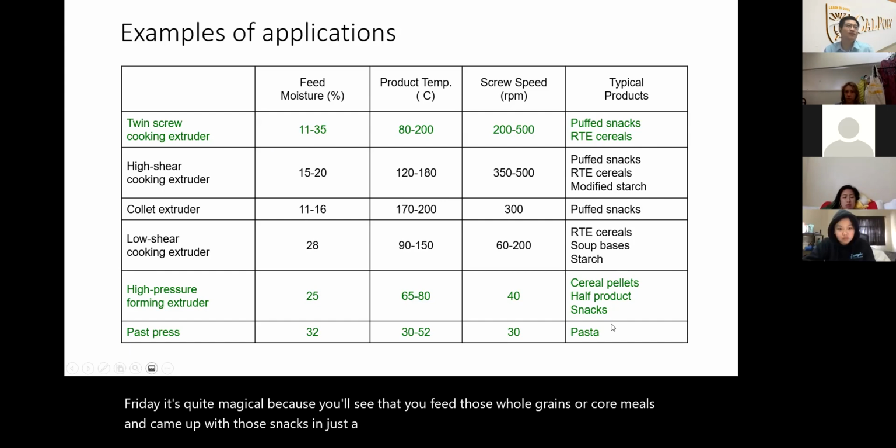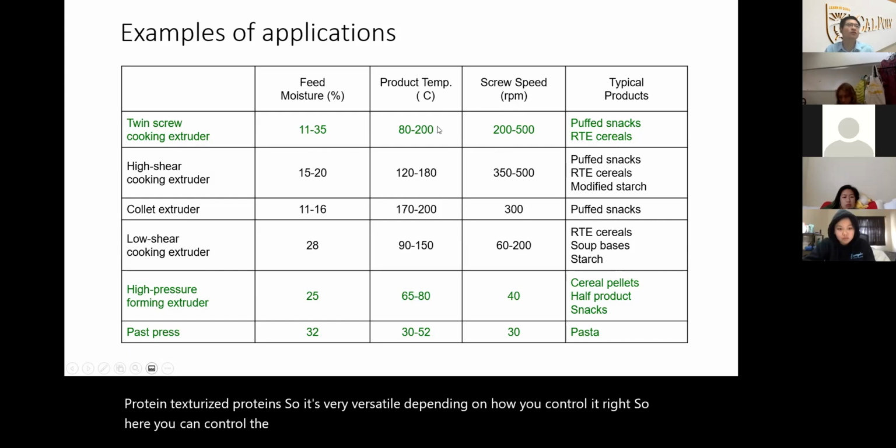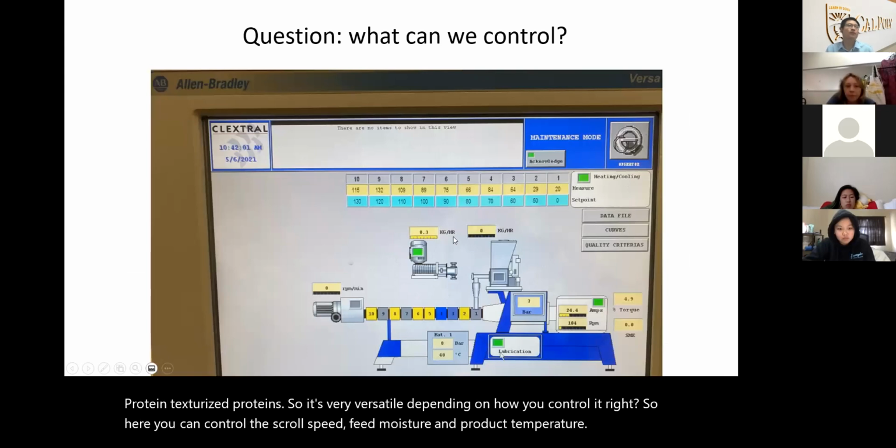Okay, and it can also be used to make pastas and also a lot of other texturized proteins. So it's very versatile depending on how you control it, right? So here you can control the screw speed, feed moisture, and product temperature.